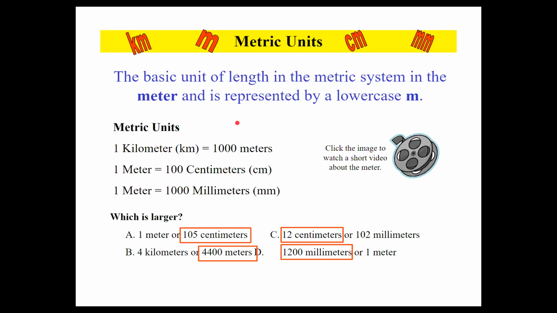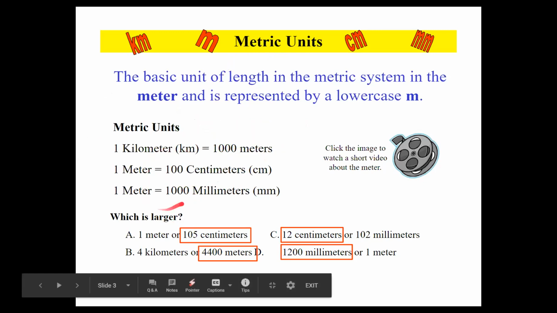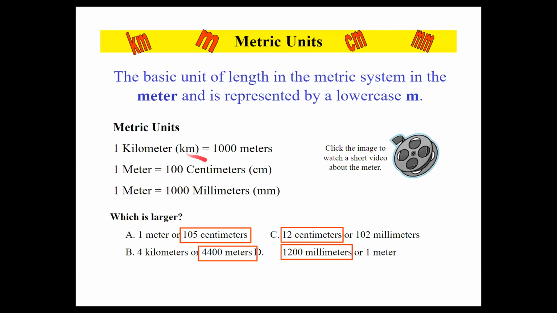So you may notice one of the other really nice things about the metric system that we're going to talk a lot about when we get to converting between our different units is that all of these are base units of 10 or 100 or 1,000, right? It's not like the English system or the American system where we have a mile, and a mile is 1,760 yards, or it's 5,280 feet. And then each foot is 12 inches, and each yard goes into 3 feet.